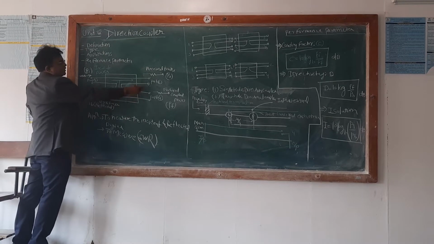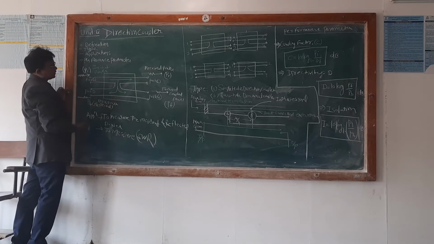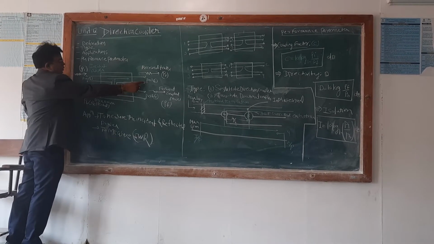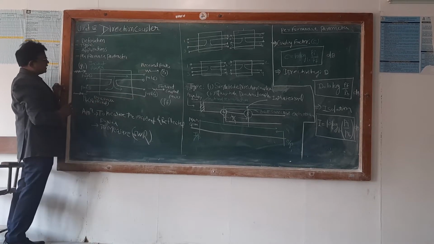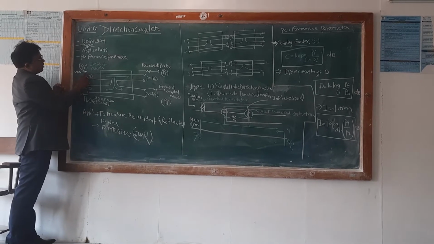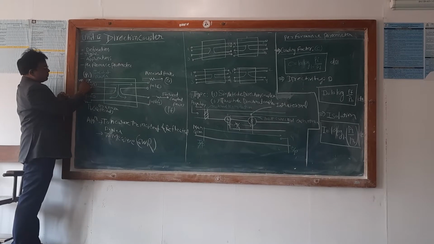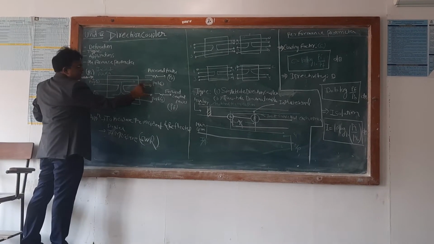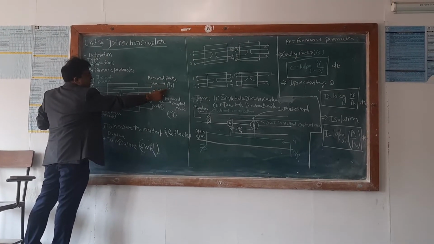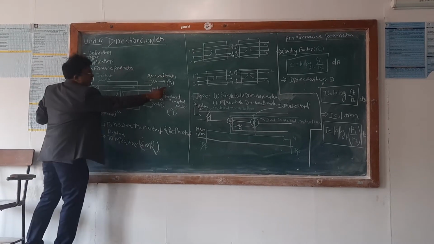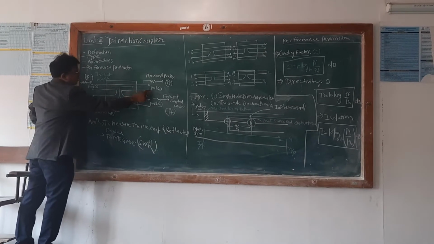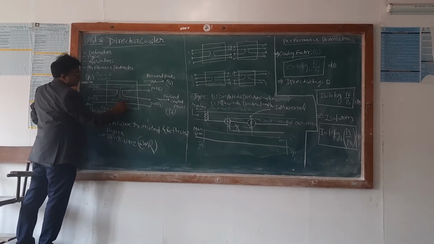Now let us see the structure of directional couplers. The directional coupler is a 4 port device: port 1, port 2, port 3, port 4. From port 1 we apply a certain amount of power, called the incident power, written as PI. We receive some power, called the received power, represented by PR. When we apply the incident power at port 1, some small amount of power is coupled into port 4.